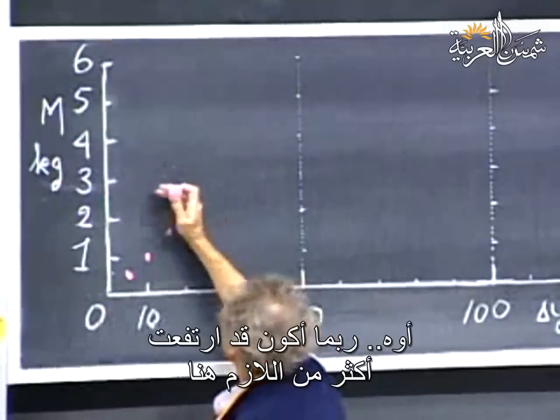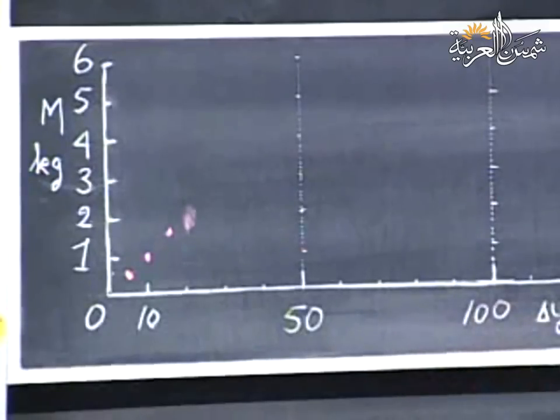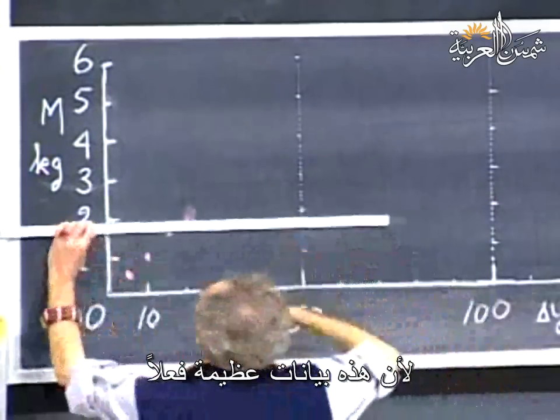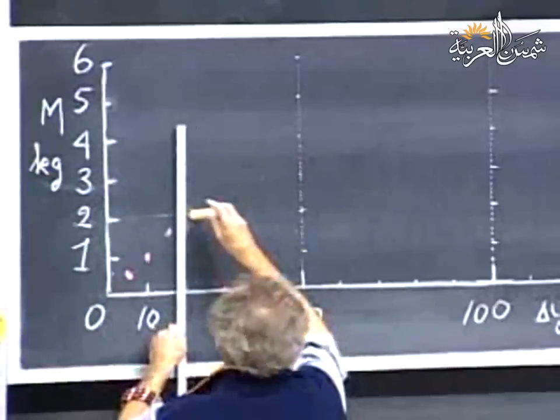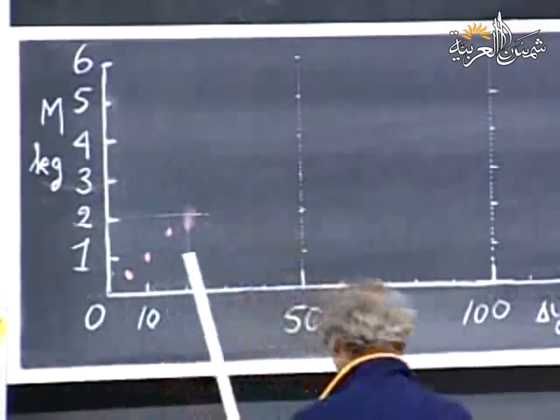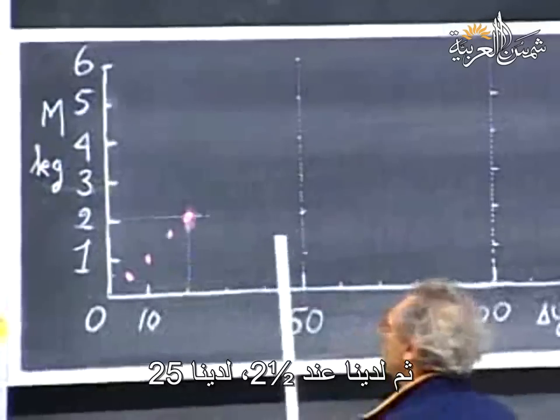Oh, I was a little bit too high here, perhaps. I want to do it a little bit more carefully, because this is really terrific data. So this was at... And then at 2.5, we have 25.